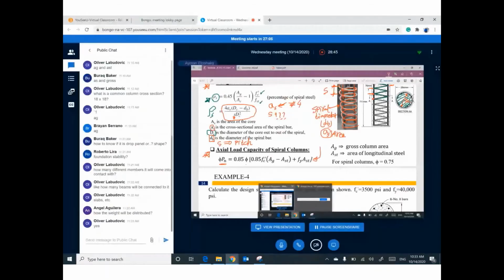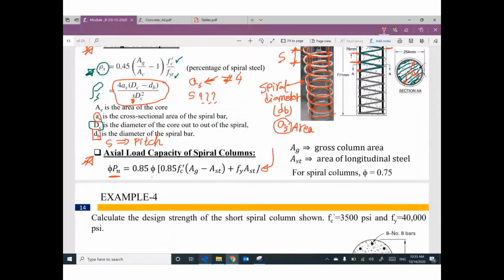It's identical to the previous one for the tied column, except this part is 0.85, not 0.8. And this phi equals 0.75 for a spiral column. It's not my number. They are provided by ACI.